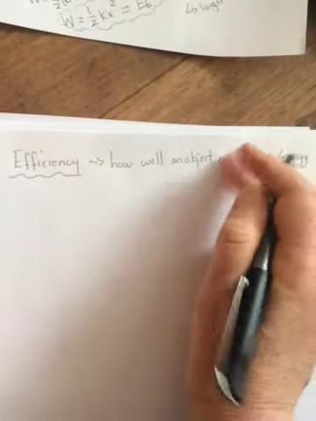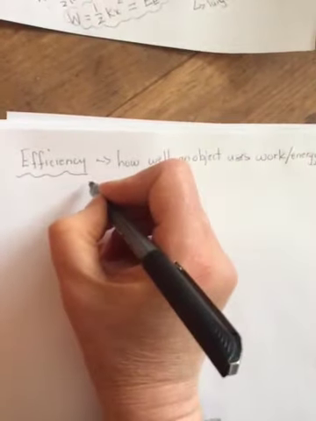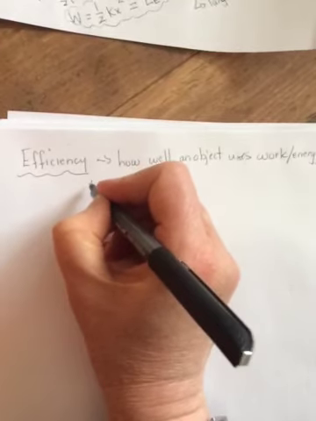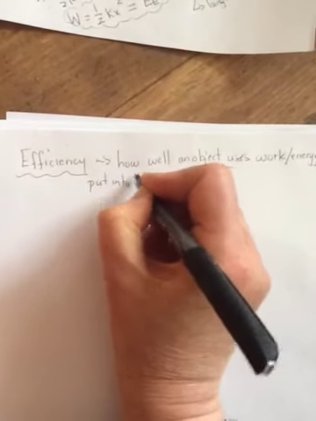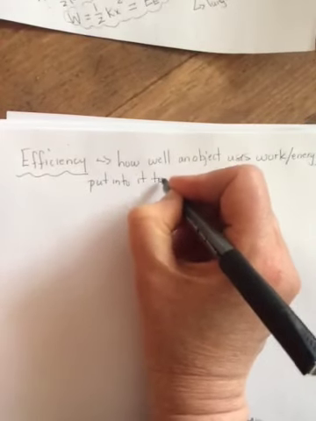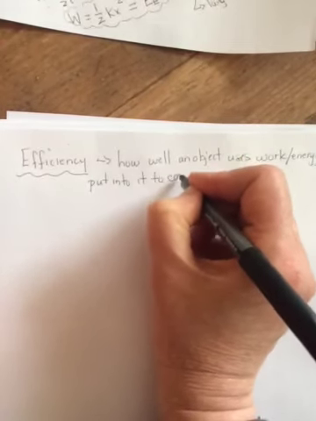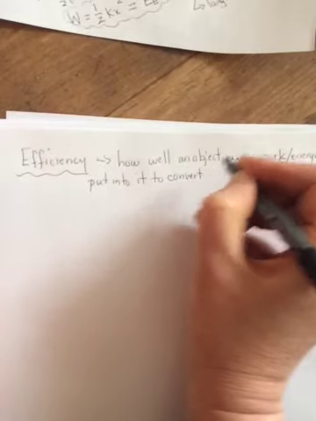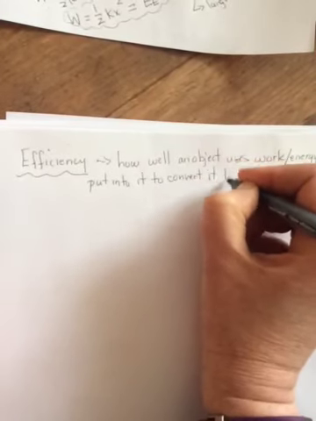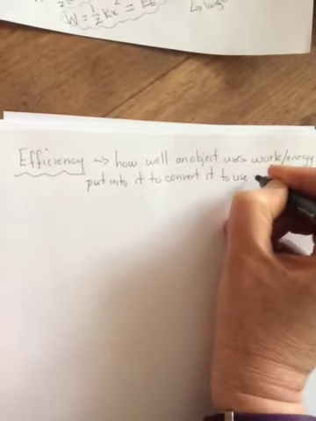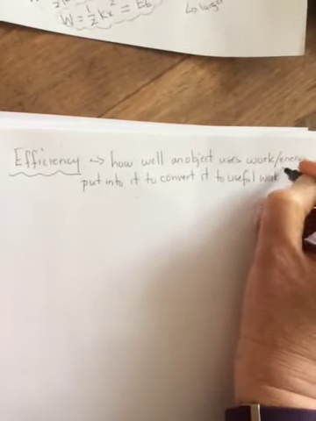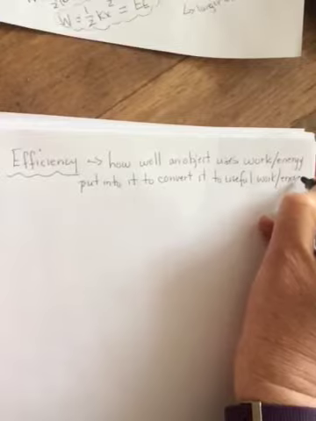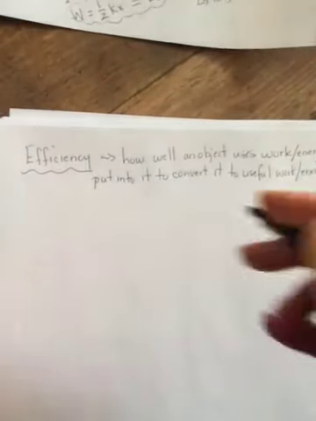How well an object uses work or energy put into it to convert it to useful work or energy. Okay, so what I mean is, let's think about the microwave.